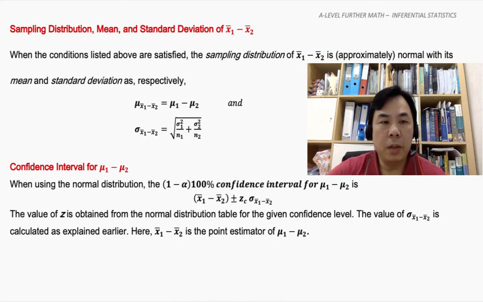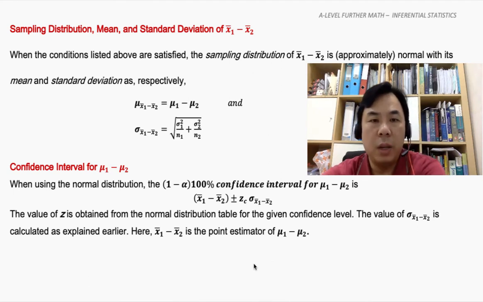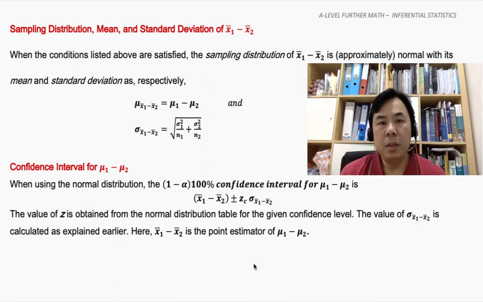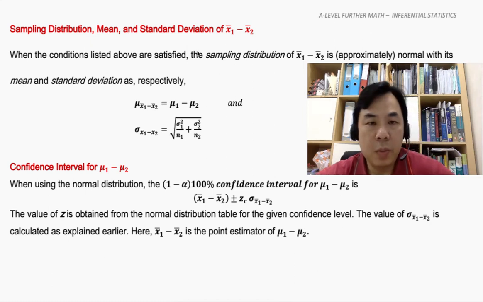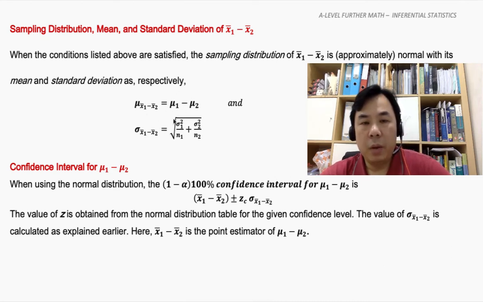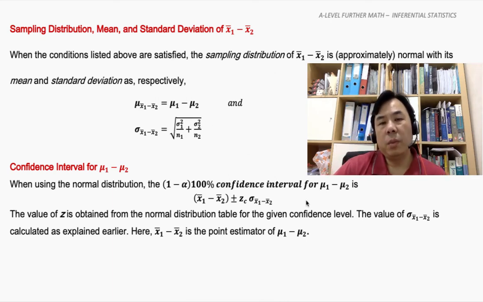Okay, now next, these are all the formulas that we are going to use to calculate the sample standard deviations and the sample mean difference in this case. So for sampling distributions of mean, the difference between the population means is given as such, whereby the standard deviation is calculated with the help of the standard deviations from the population, since the population standard deviations are given to us as sigma 1 and sigma 2.